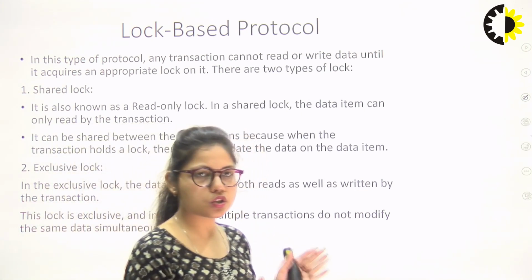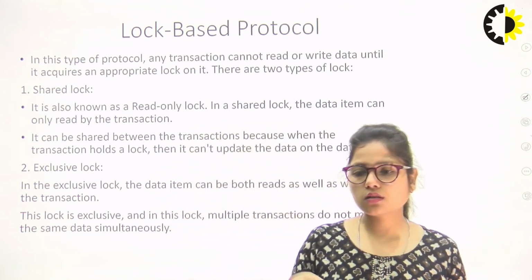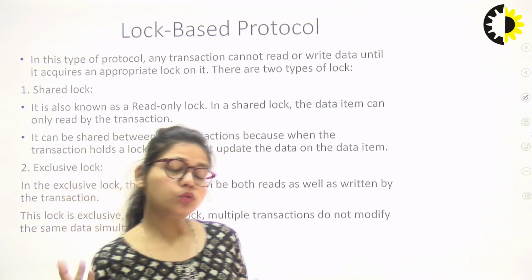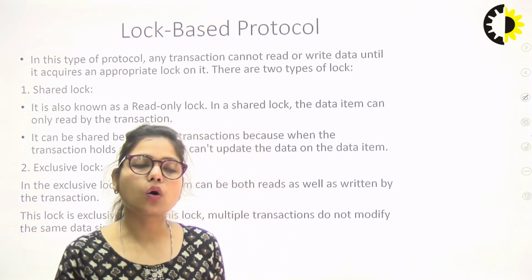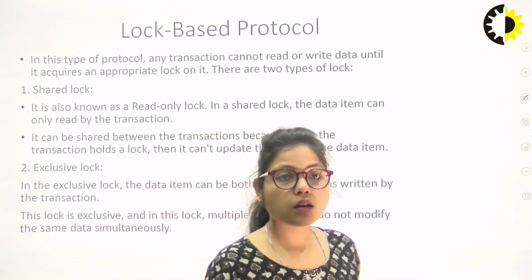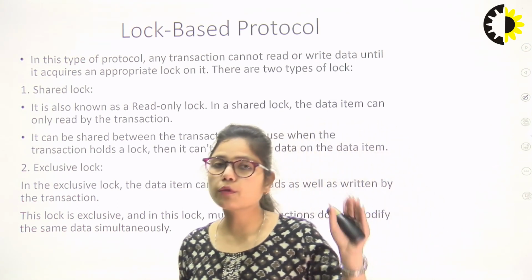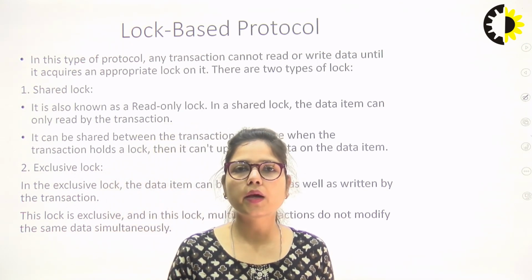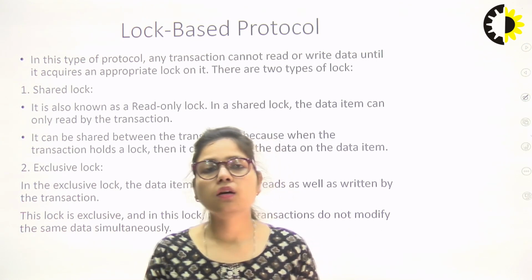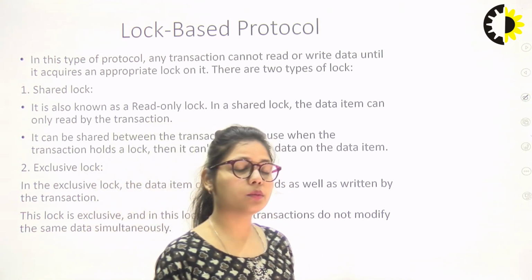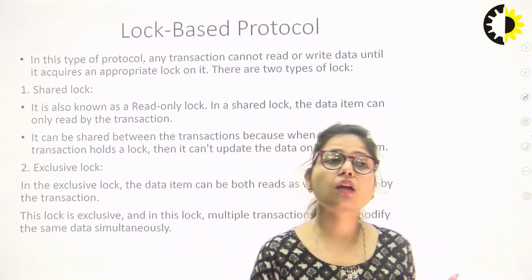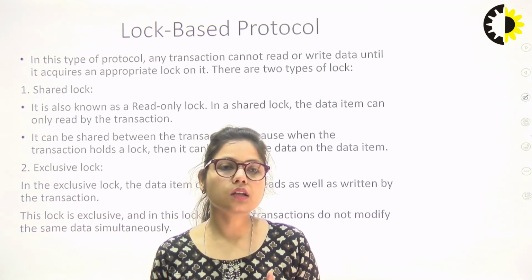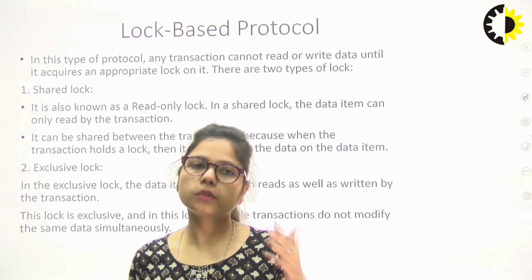For example, suppose transaction T1 has acquired a lock on data item B and performed operations, and now T3 also acquires a lock on data item B. Then the value is changed. After T1 performs the updation on data item B, if T3 then acquires it, the value will change and the calculation will be wrong. Because of that, only one transaction at a time can acquire an exclusive lock on a particular data item. When it releases the lock, the other transaction will acquire the lock, and this process will continue.